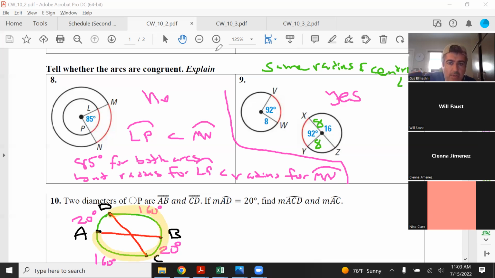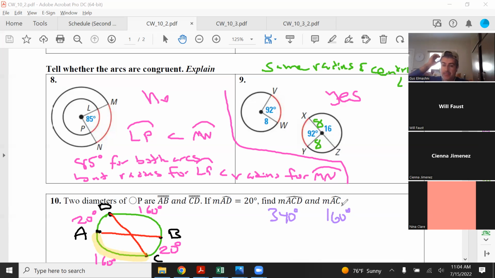That's 340 degrees. If you want arc AC, the shortest possible distance, that is going to be 160 degrees. That's all.